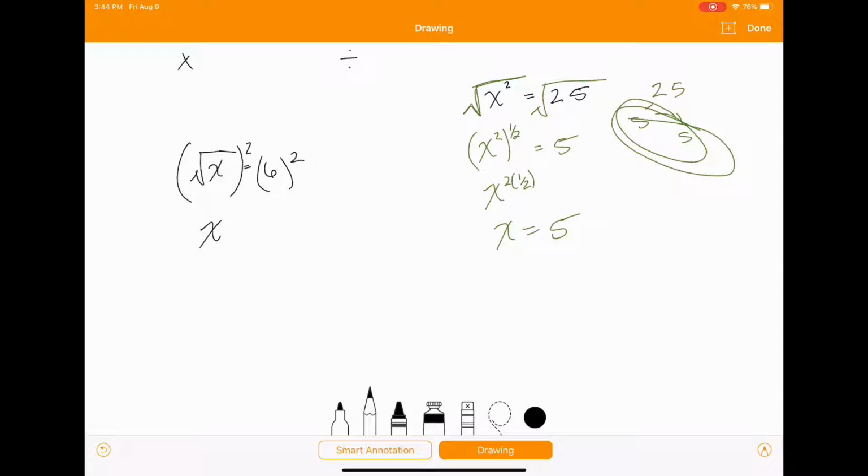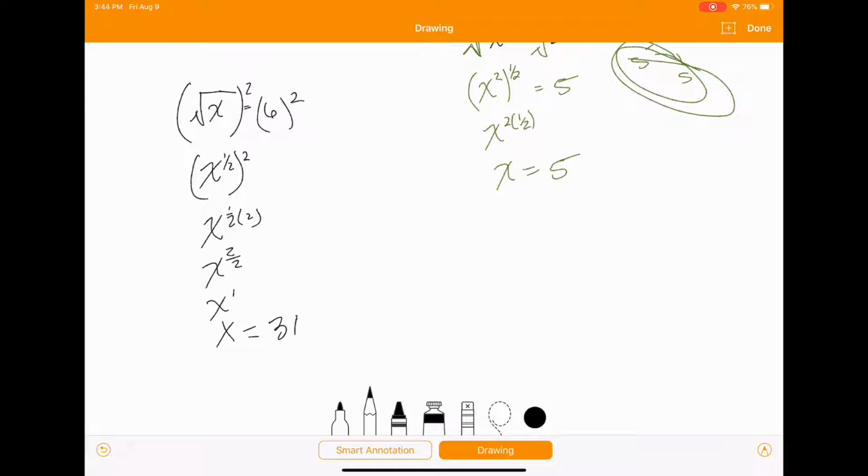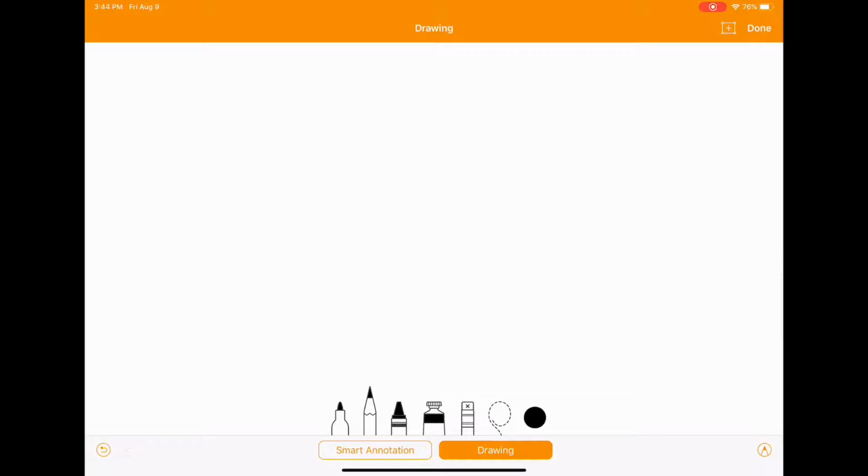Again, this x is like x to the 1/2 squared, which is equal to x to the 1/2 times 2, which is equal to x raised to 2 over 2, which is x to the 1, which is just x. Right? And then 6 squared is 36. So x equals 36.